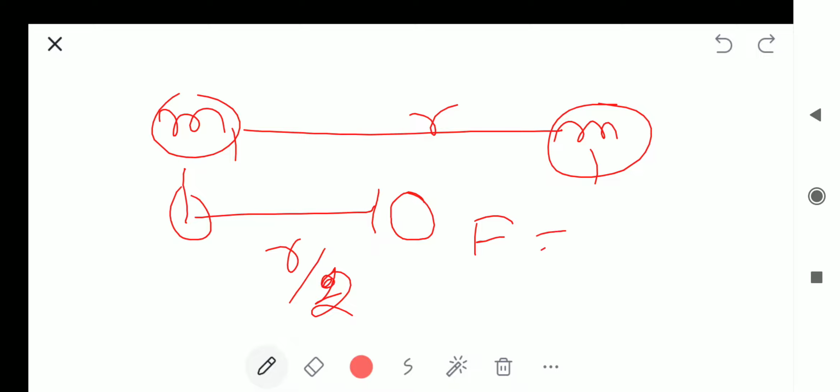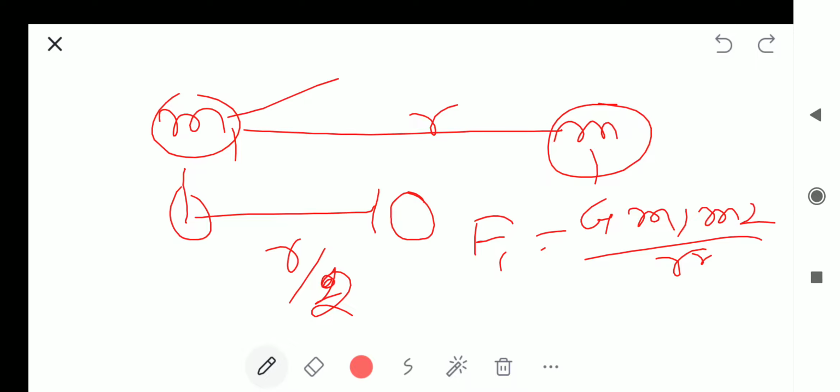F1 is equals to G m1 m2 by r square. This is the initial force. F2 is equals to G m1 m2 by (r by 2) square.